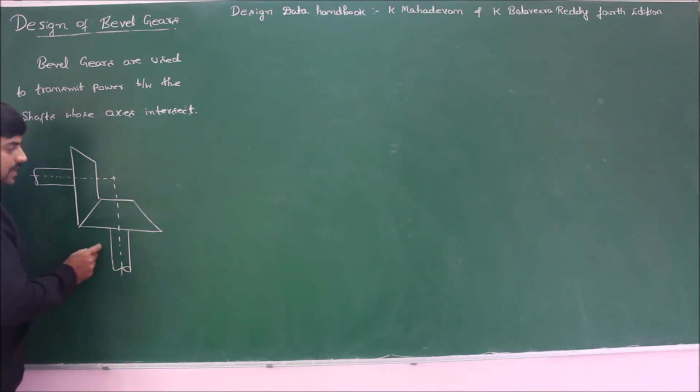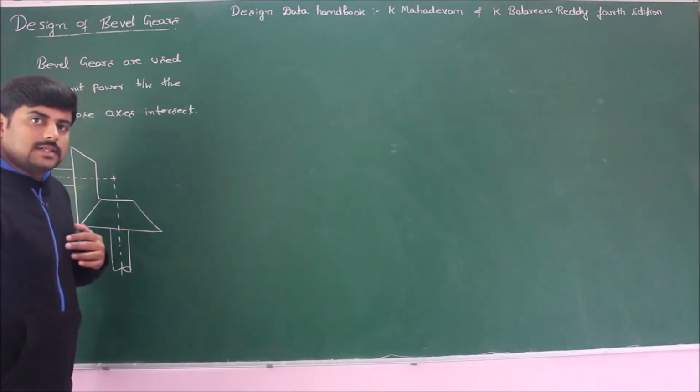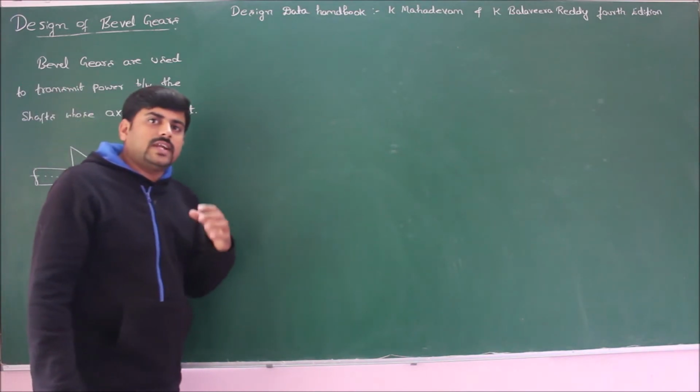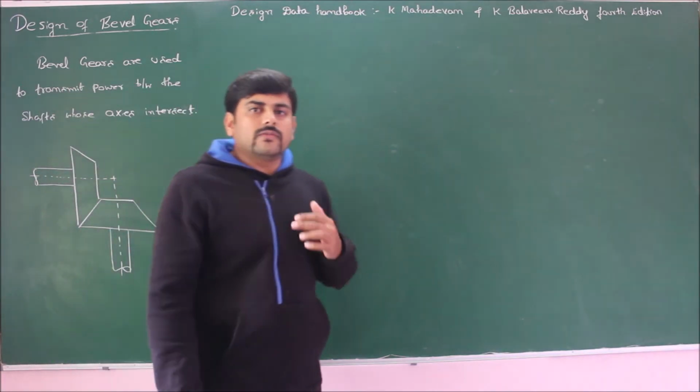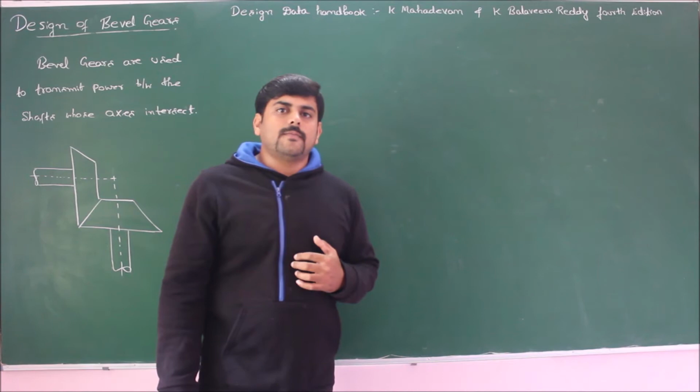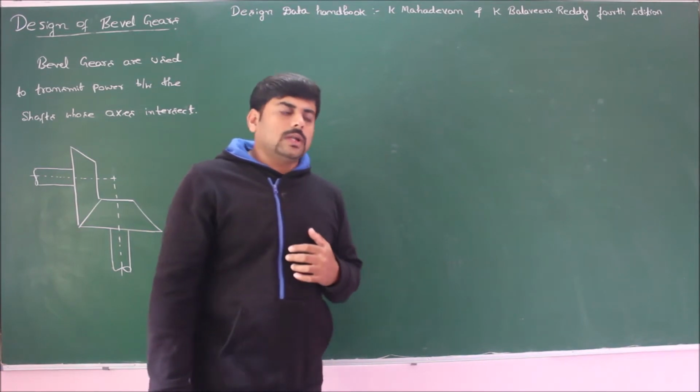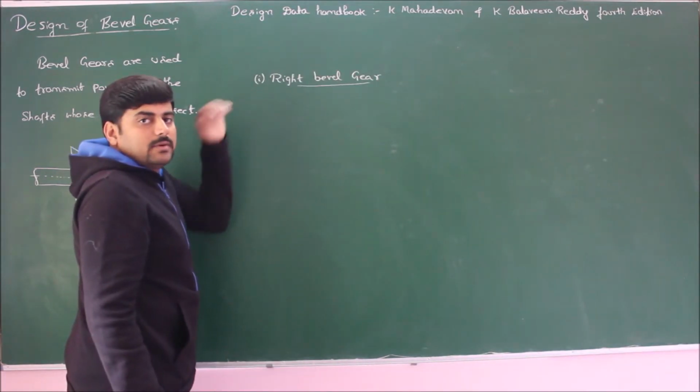From this diagram we can see that we have two bevel gears and two shafts. The axes of these two shafts are intersecting. Next, coming to the different types of bevel gears which we are going to design in this module. First one is right bevel gear.